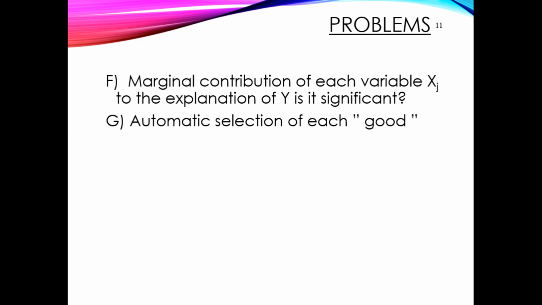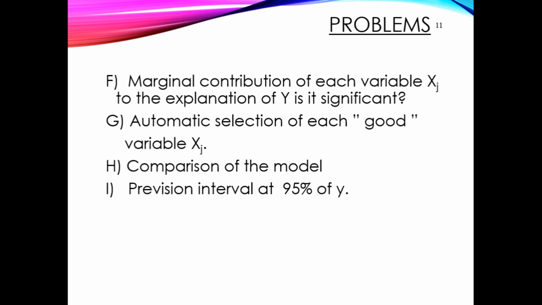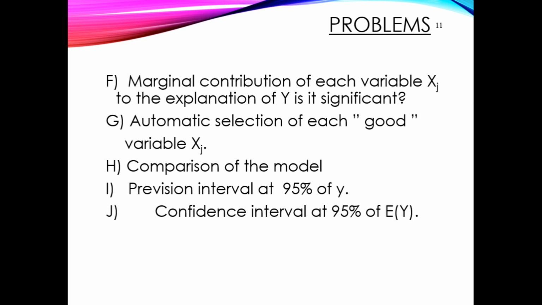We can compare models to see what's the best model. We can also do prevision, as I told you at the beginning of this tutorial video. We can look also at confidence intervals.